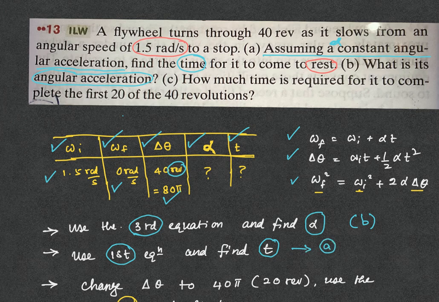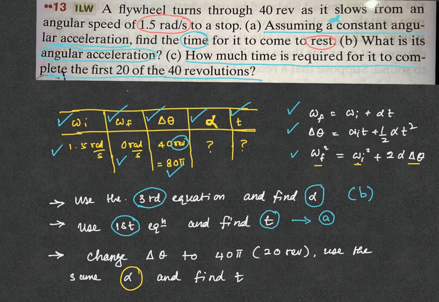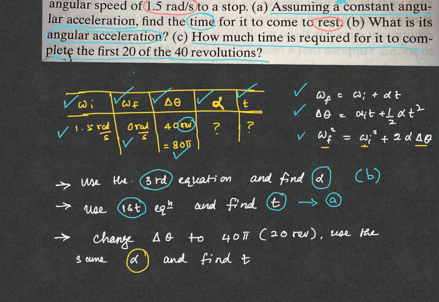And then going back to part C, how much time is required for it to complete the first 20 of the 40 revolutions. So alpha, it was constant, we know that already, and initial velocity doesn't change for any reason. We change the delta theta from 40 to the first 20 of the 40 revolutions.